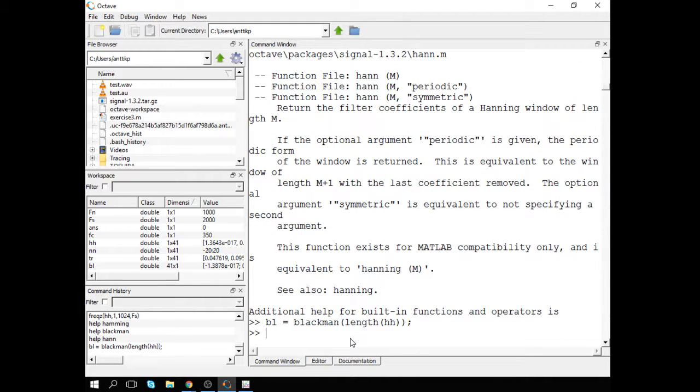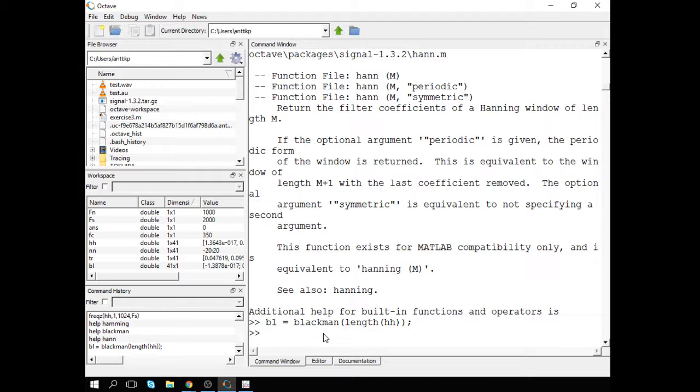Then when you apply this, for historic reasons the filter coefficients are given as a one-row vector, but these window functions come out as a column vector. So you need to transpose the window generator output in order to multiply element by element.